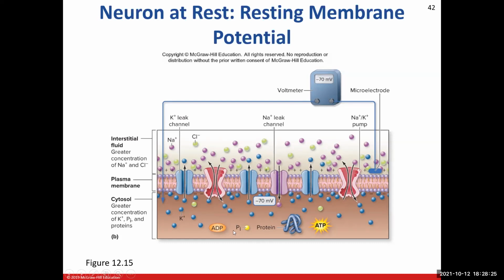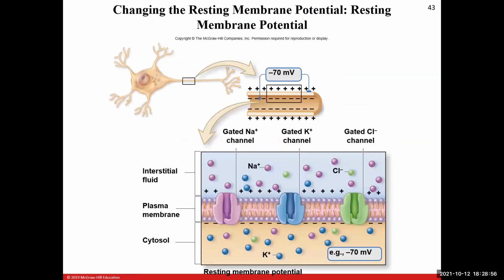And then down inside the cell, we have our inorganic phosphate molecule and our negatively charged proteins, which are going to generate that negative charge inside the cell. So all this is going on, and it's just happening. So we decided to take a voltmeter and stick the leads outside the cell and inside the cell, and that's the value we came up with. -70 millivolts is how this resting membrane potential reads on a voltmeter.